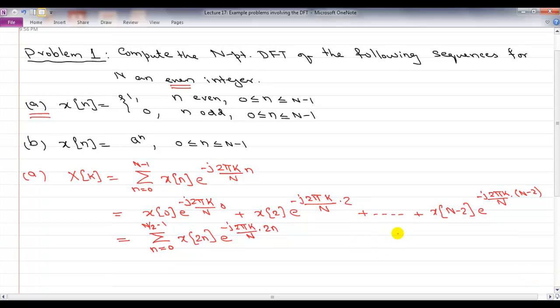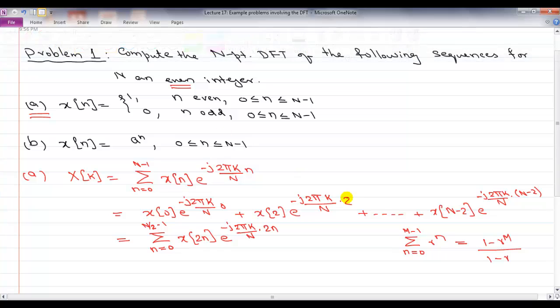At this stage, we want to be careful about a few things. At the end of the day we want to make use of the geometric series formula: if I'm given the sum n equal to 0 to m minus 1 of r to the n, that is equal to 1 minus r to the m, the total number of terms in the summation, divided by 1 minus r.